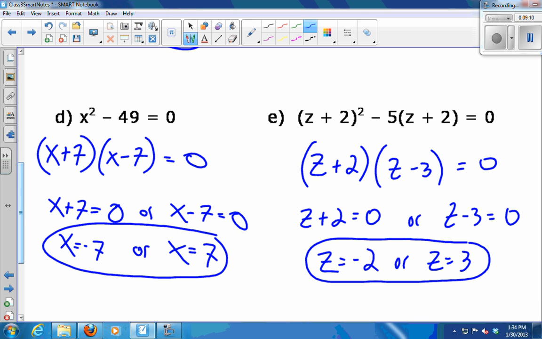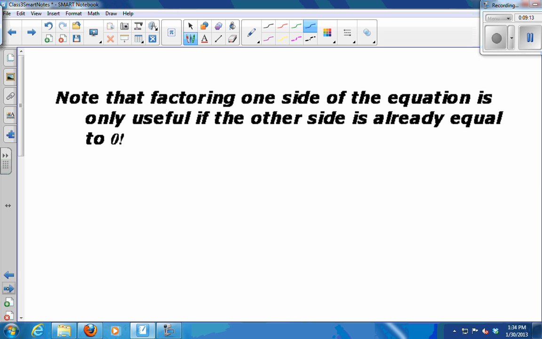Comfortable? Okay. So keep in mind, though, factoring one side of the equation is only useful if the other side is already 0. It only helps if one of the sides is 0. So before you start factoring, make sure one side of your equation is 0. Move everything to one side.